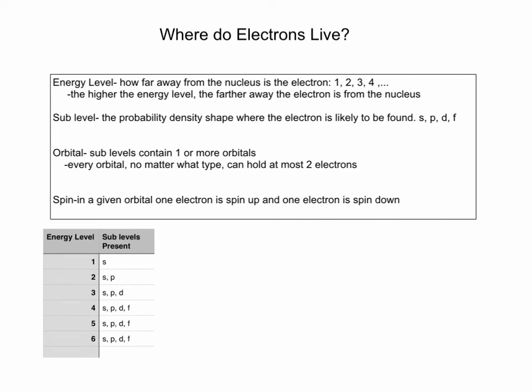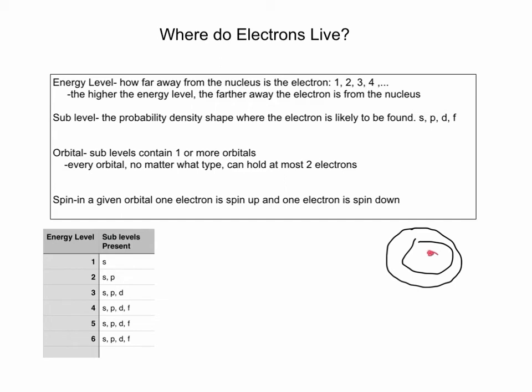First, if we look at energy levels like we did in the Bohr model, so our nucleus is in the middle, and then around that we have our energy levels, you can see that there's much more room in the energy levels that are farther away from the nucleus than the ones that are close. And we can see this with the number of sublevels that we can have in each energy level.